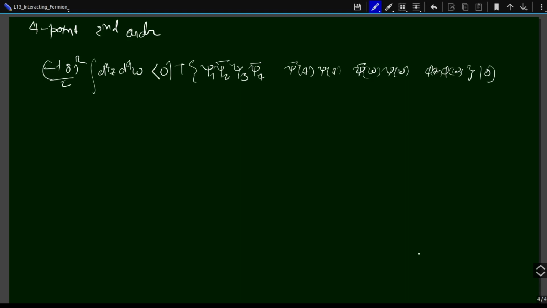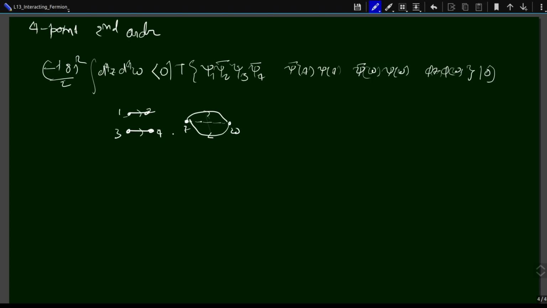Now if I have to write something like this over here, I can still write when the contraction here is exactly in that way. So one of them is 1 2, other is 3 4, okay, multiplied by, this is z, this is w, I'm sorry, there is a scalar propagator, there is a fermion coming from here, fermion going like this.